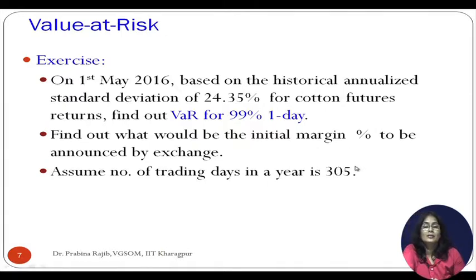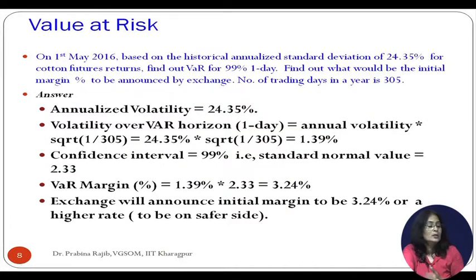Now with the assumption of 252 trading days, and with the assumption of 305 trading days, let's find out what is going to be the 99% 1 day VAR for a commodity whose futures annualized volatility based on the futures price is 24.35%. Now this is the calculation. So annualized volatility is 24.35%. I'm sure all of you know how to calculate the annualized volatility.